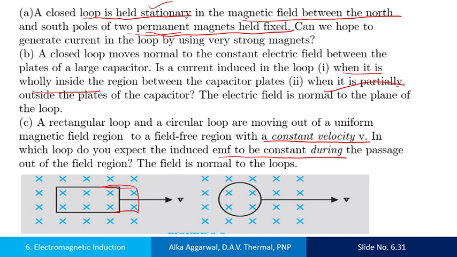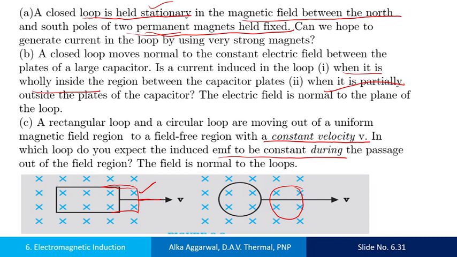Till this position, no EMF is produced as they are in the magnetic field and there is no change in the flux. When it is taken out from this area, it is expected that in the rectangular case the EMF is constant.